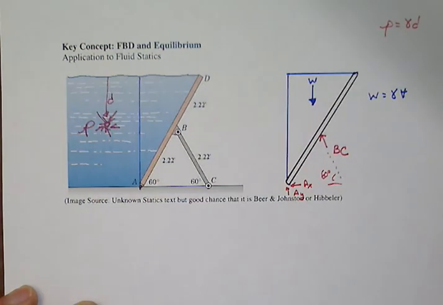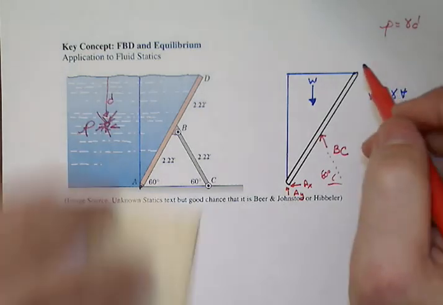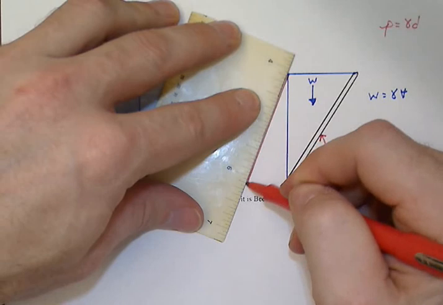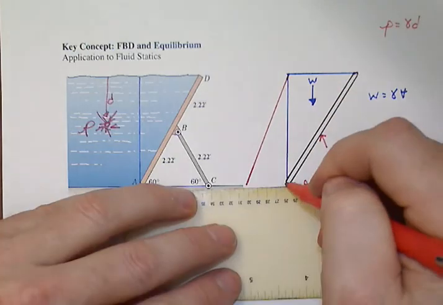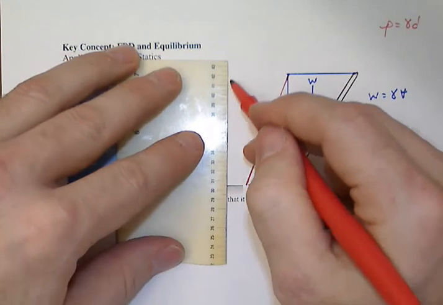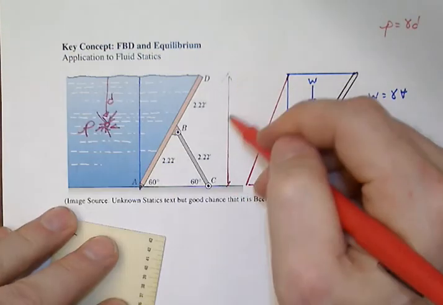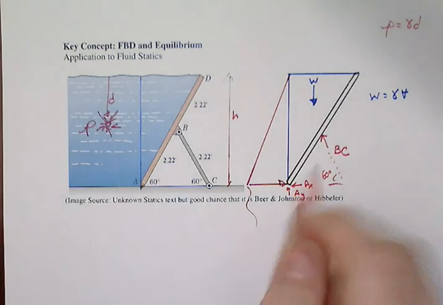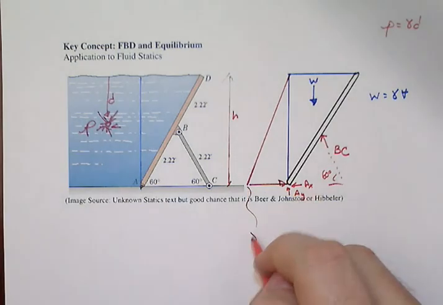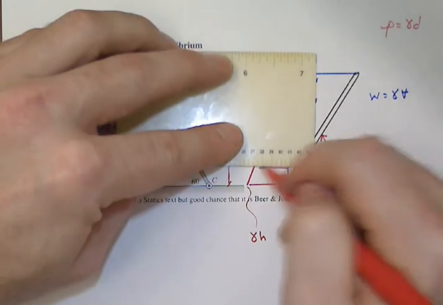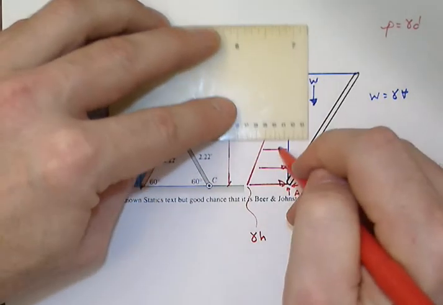So it varies linearly from 0 at the free surface to then a maximum at the bottom, so the total height, and it's going to be pushing sideways. So we'll call this whole height h. And so down here at the bottom, then we've got a max pressure of gamma times h, and so that'll be then pushing sideways.